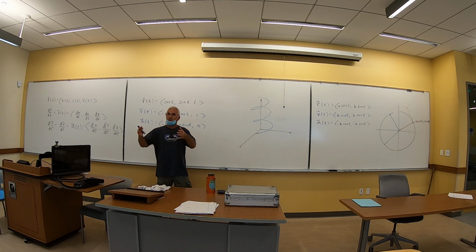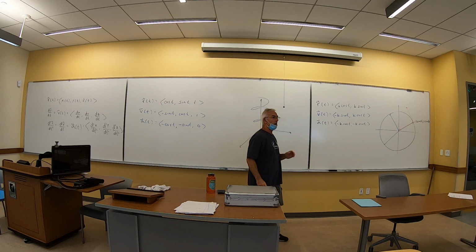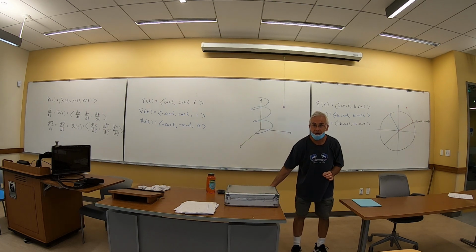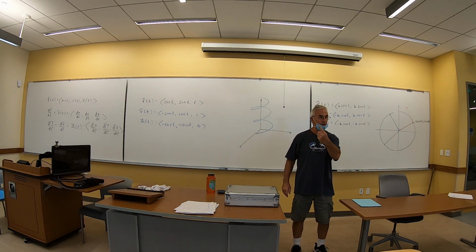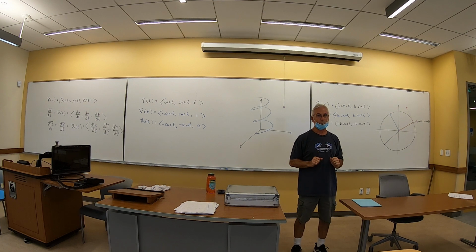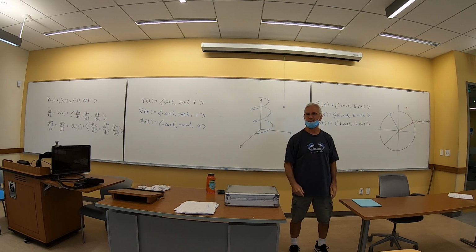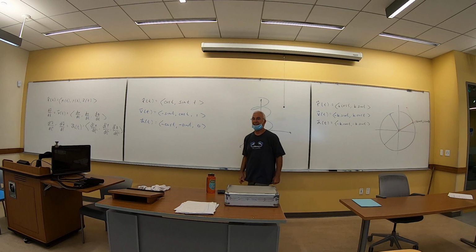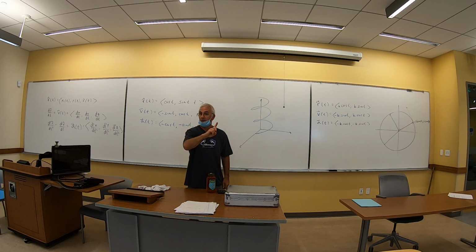Now, over the next few days, we're going to see this. All motion is either circular, linear, or somewhere in between. So what do you think most things are? Somewhere in between. If your motion is circular, then the acceleration is really, really easy.